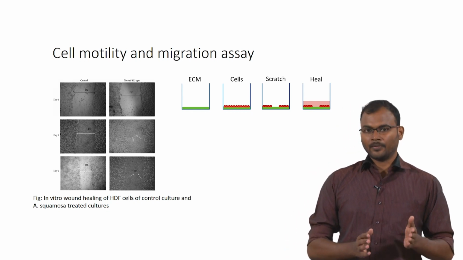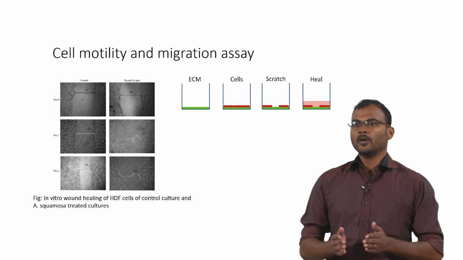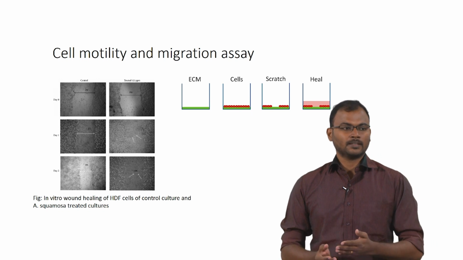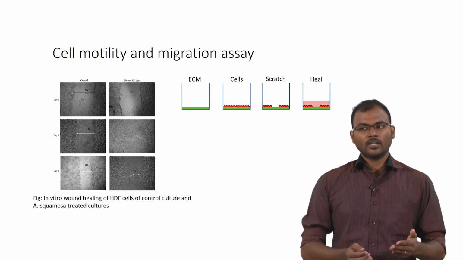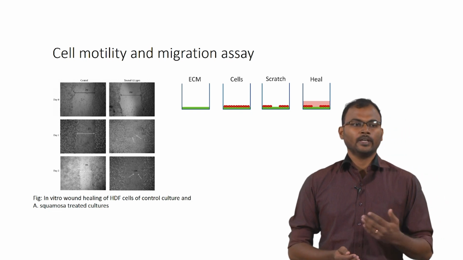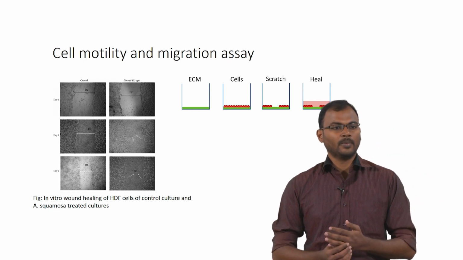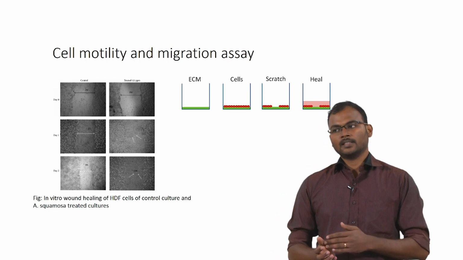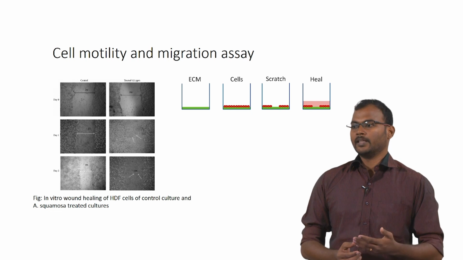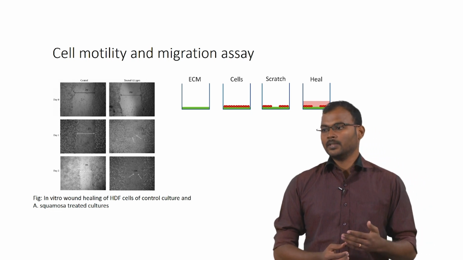Based on the application, if you are going for bone application, you have to check with osteoblast cells, and if you are going for vascular application, you have to check with endothelial cells, and if you are going for wound healing application, you have to check with fibroblast cells. Each cell has a different attachment property and different effect on the material surfaces. So that you have to always think.